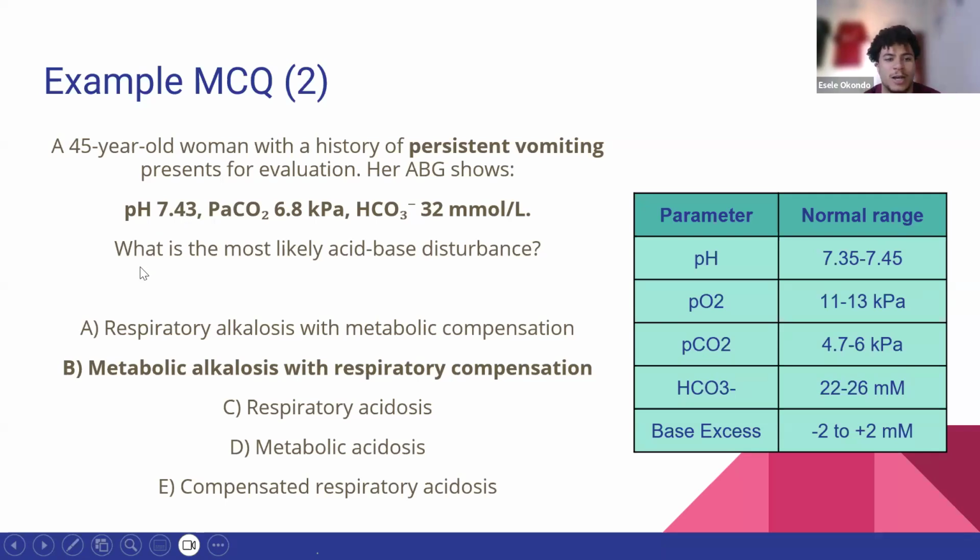So if we go through our stages, the carbon dioxide. So we don't have our oxygen. We have our pH, which is high. Our clinical vignette says persistent vomiting, which gives us a hint towards a metabolic alkalosis, because we're vomiting out a lot of that acid.